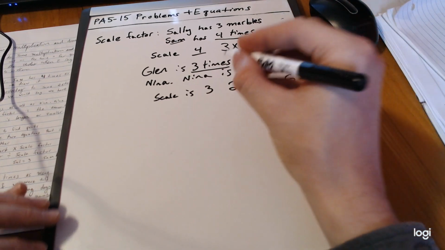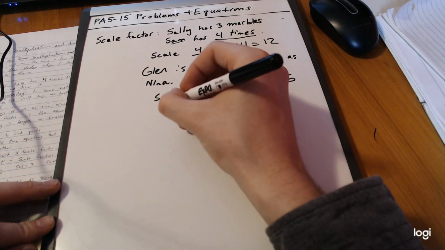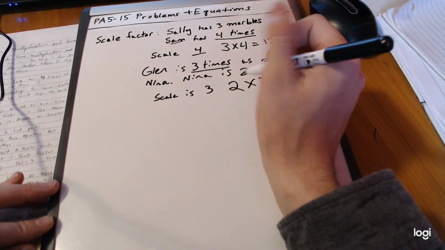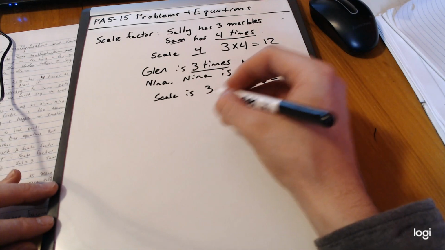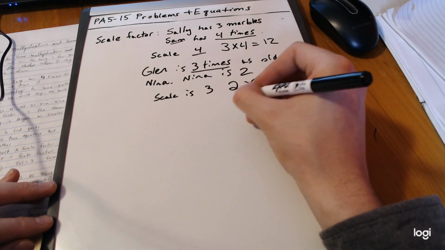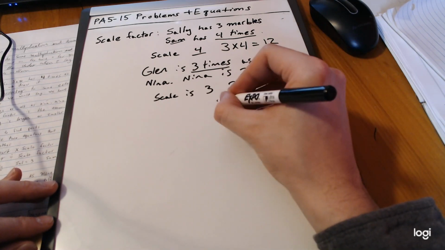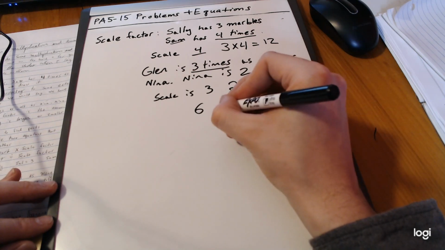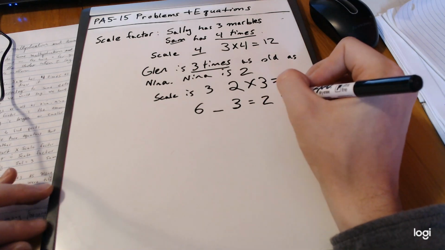Now, I can show you something else. What if we were given Glenn's age and not Nina's? We still know the scale factor is 3, but say we were given Glenn's age, which is 6. Instead of 2 times 3 equals 6, if we had 6 and this scale factor of 3, we have to do something there, and it equals 2. What are we going to do?